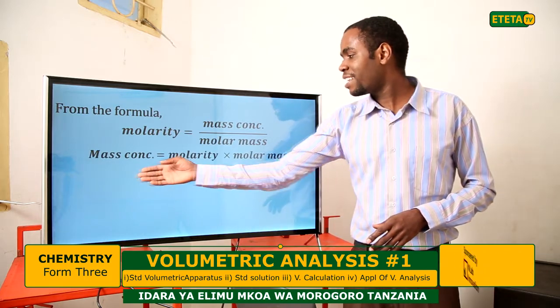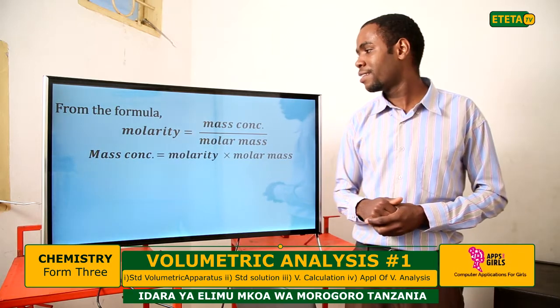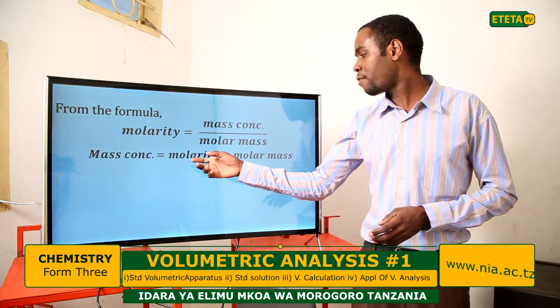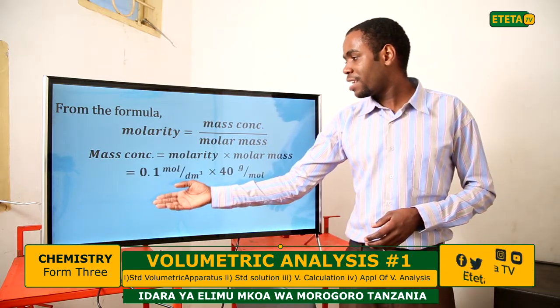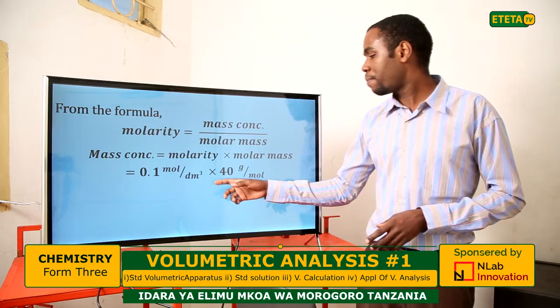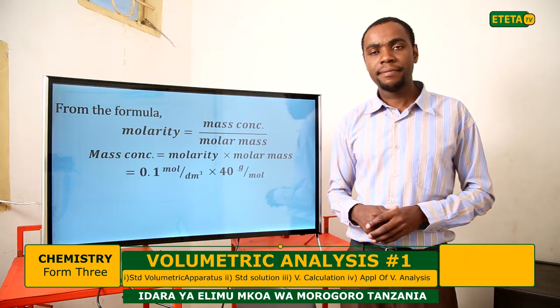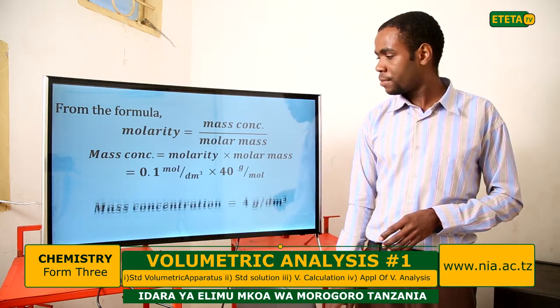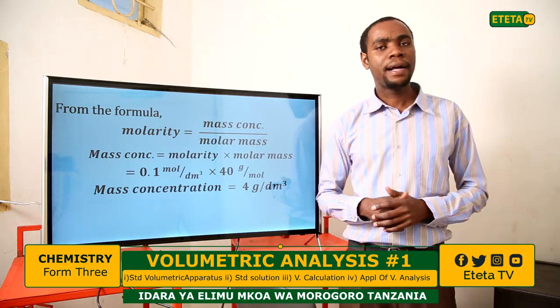Now, mass concentration is equal to molarity times the molar mass. So, mass concentration will be equal to 0.1 mole per decimeter cube multiplied by 40 grams per mole. Now, mass concentration is equal to 4 grams per decimeter cube.